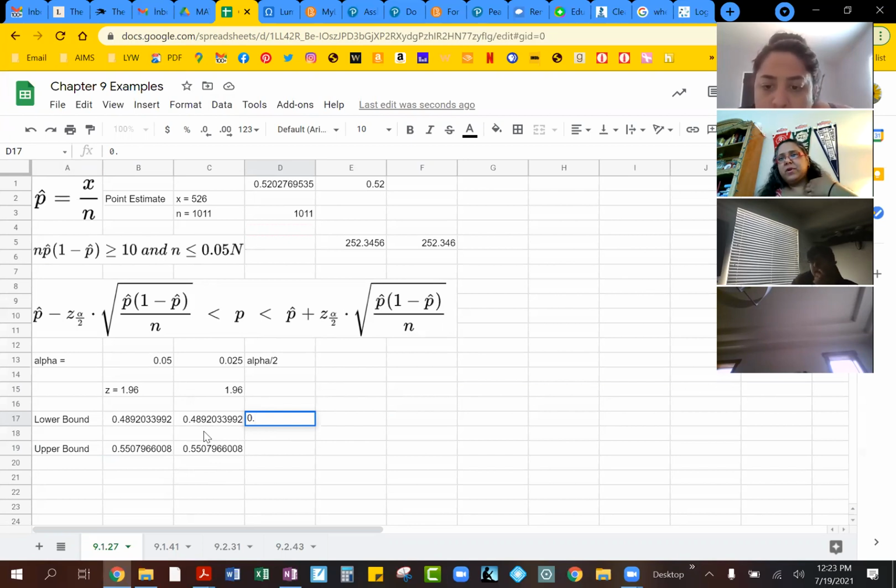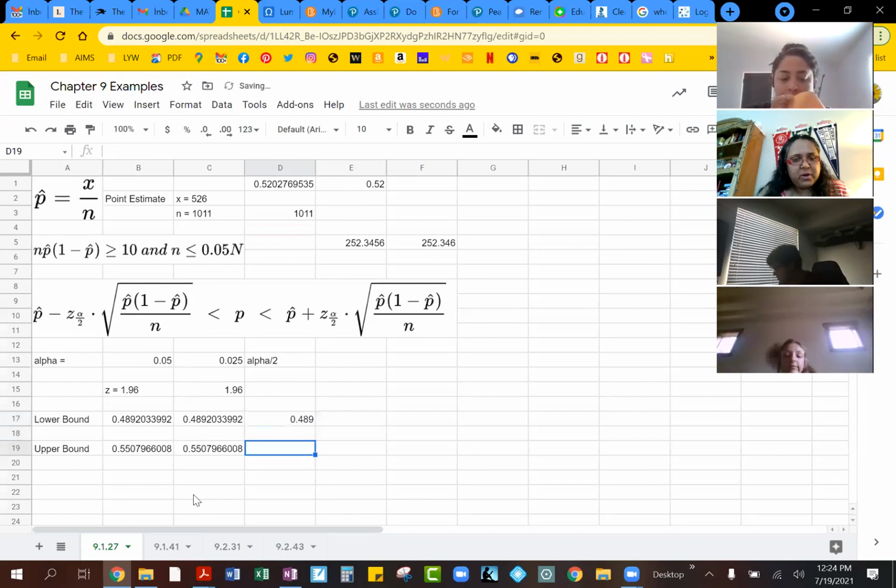So 0.4892 to 3 decimal places. Riley, what do you think that will round up to? .489. Yeah, 0.489, because the 2 will not make our number go up.